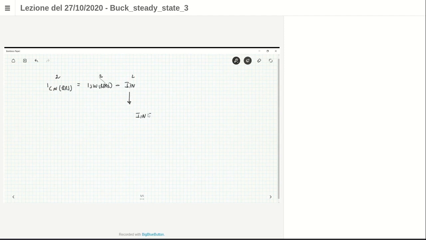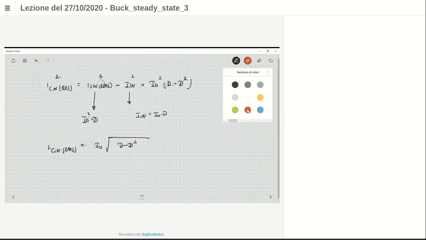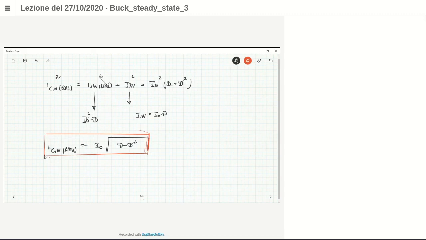Now we know that I in is equal to I naught multiplied by D, because we just derived it before. And we also know that the switch root mean square current squared is I naught squared multiplied by D. So the root mean square value of I C in is I naught times the square root of D minus D squared. So it depends on the output current and on the square root of the duty cycle minus the square of this duty cycle.